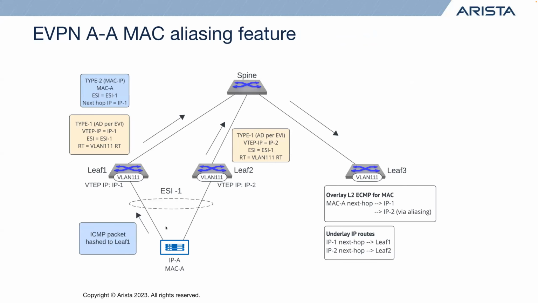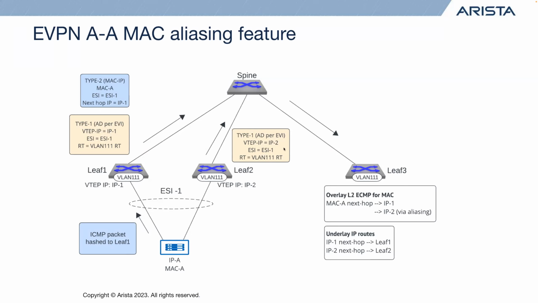So if we look here, we have host A with IP A and MAC address A. It is sent an ICMP packet that hashes to Leaf 1 here. So Leaf 1 advertises a type 2 MAC IP route for MAC A, and it also includes the ESI1, and itself is the next hop with IP1. It also advertises an AD per EVI route for ESI1 with a VLAN 111 route target and itself with IP1.